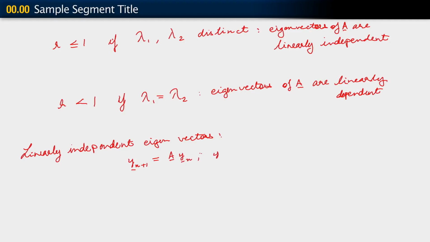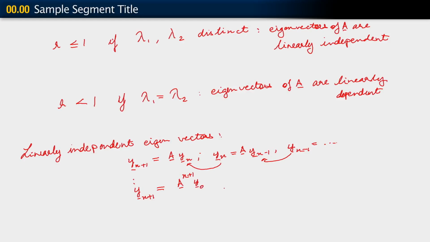But then y_n is equal to A y_{n-1} and so on, right? Goes on. So what we are seeing here is that with every step A is getting multiplied by itself, right? If you just make these substitutions in here, we see that, right? Okay? So what we are seeing is that after a certain number of steps, y_{n+1} equals A to the power n+1 times y_0.